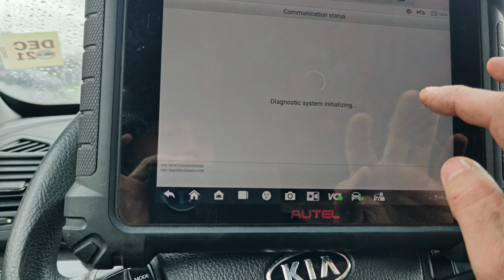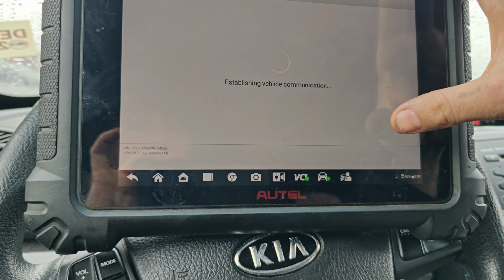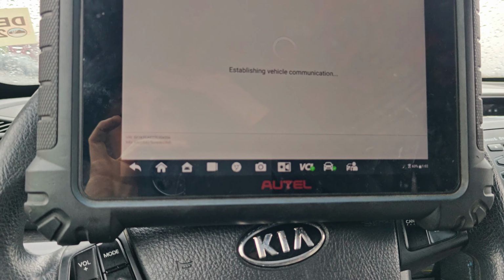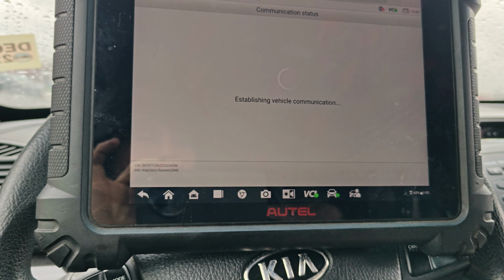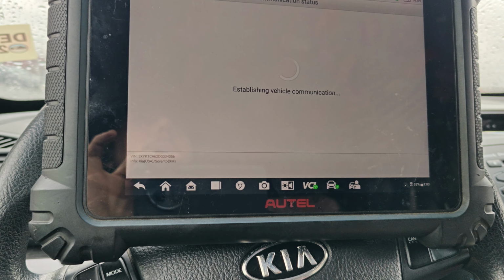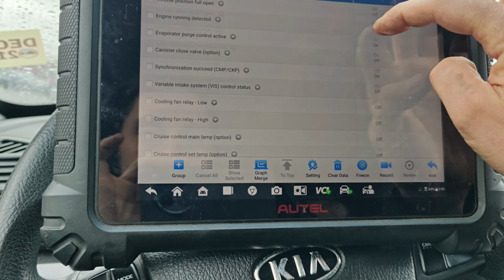So we got live data. I guess this is fixed, but I also found out from them apparently this guy didn't change his oil in like 35,000 miles or something like that. So that could be where all that metal came from.